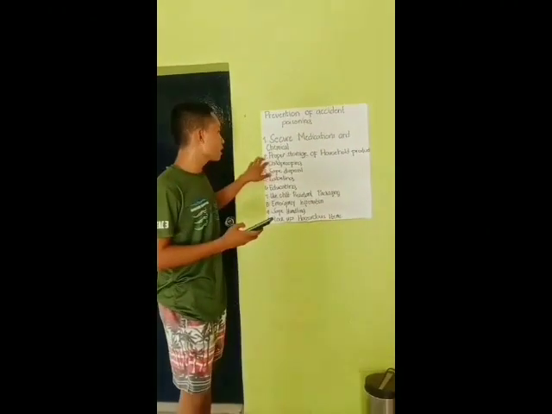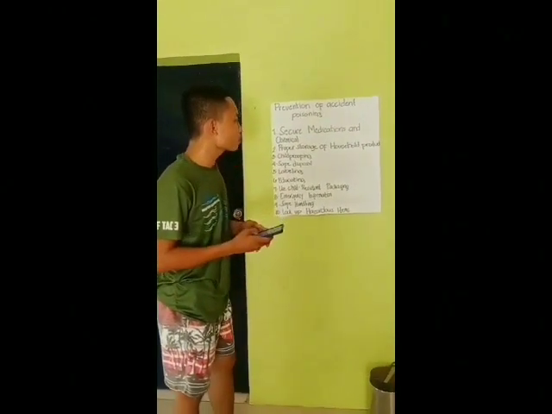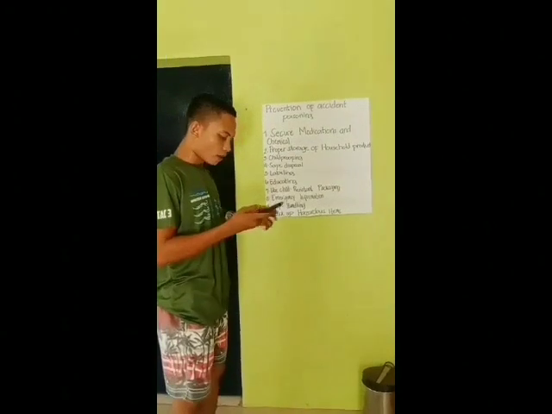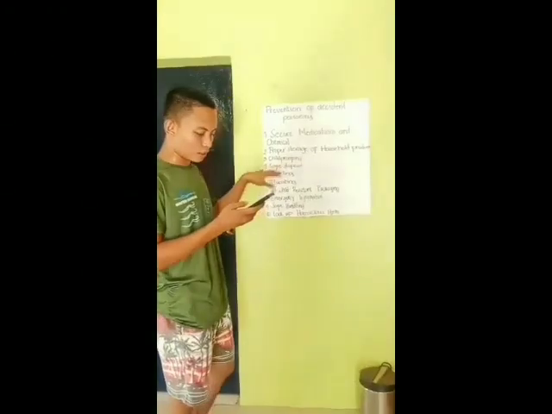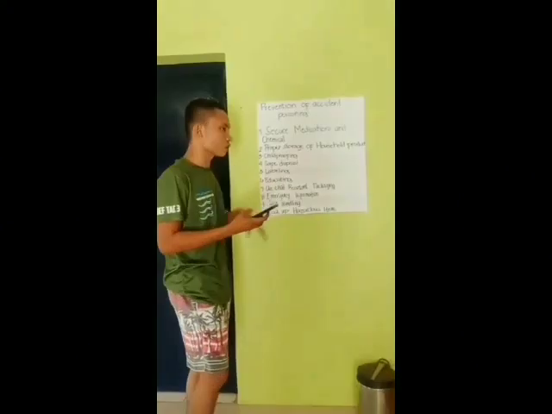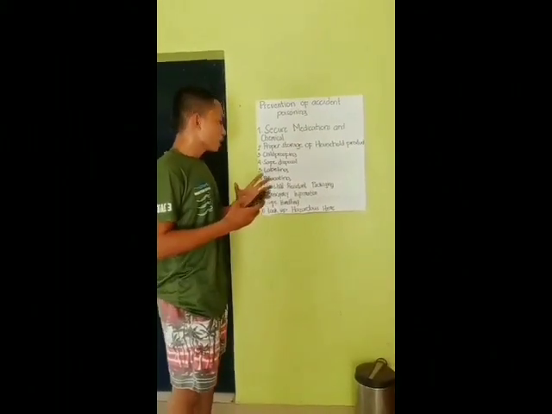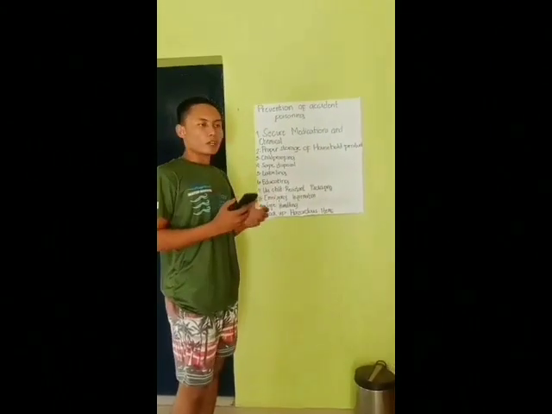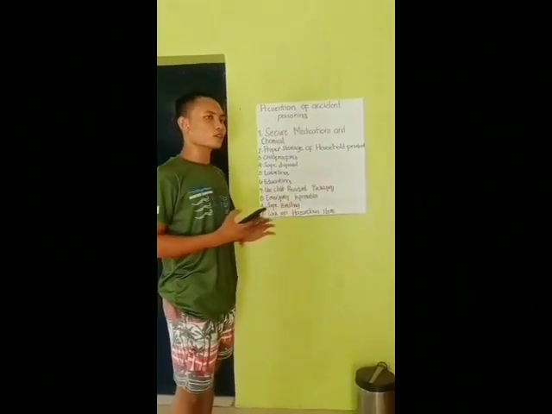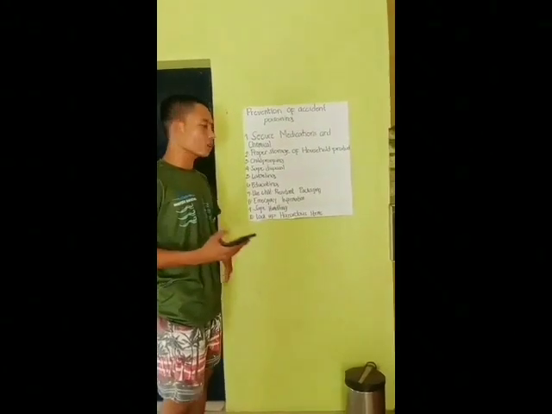Then second is proper storage of household products. Follow storage guidelines on product labels. Keep chemicals in their original containers to avoid confusion. Chemicals should not be transferred to another container so the next person who uses them won't be confused.